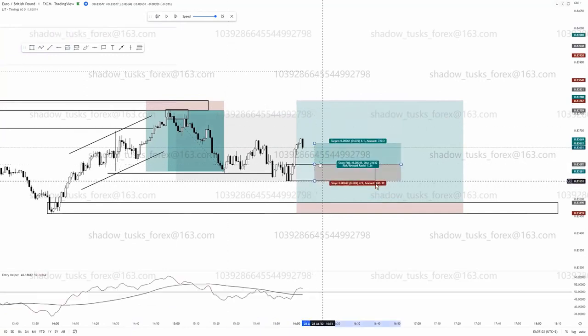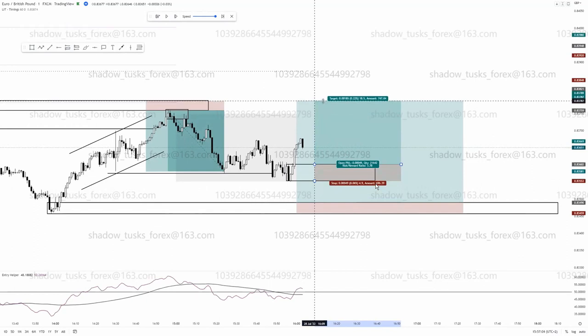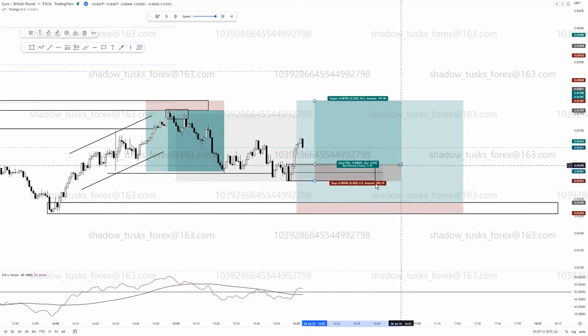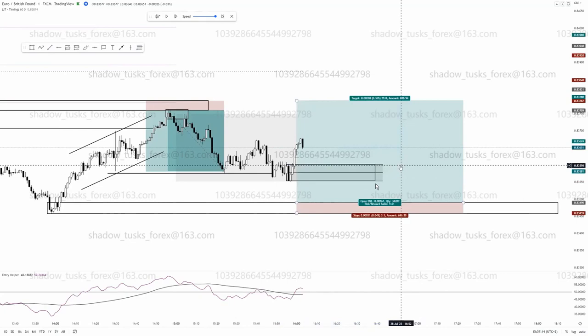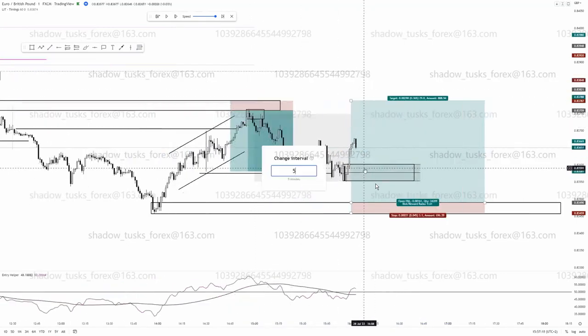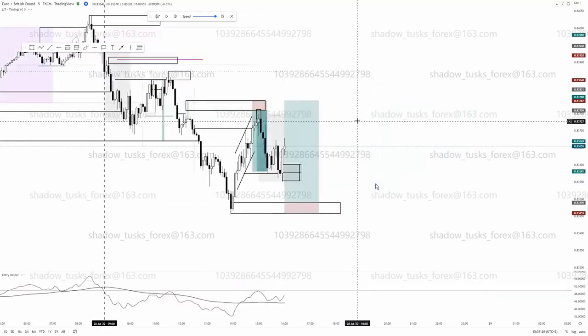The only tricky thing is your target is like this. So again, I would probably look for 50% of that zone, like that. Again, now we need to think, when does this zone become invalid? And that is likely when we induce high.